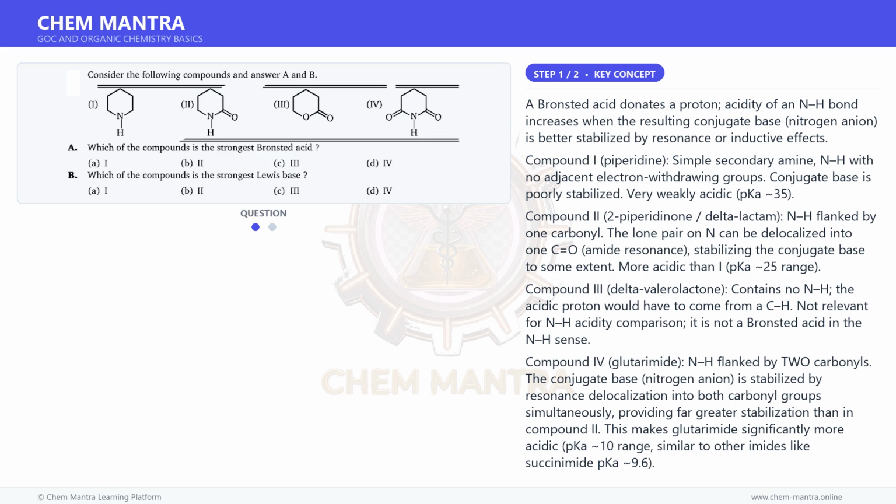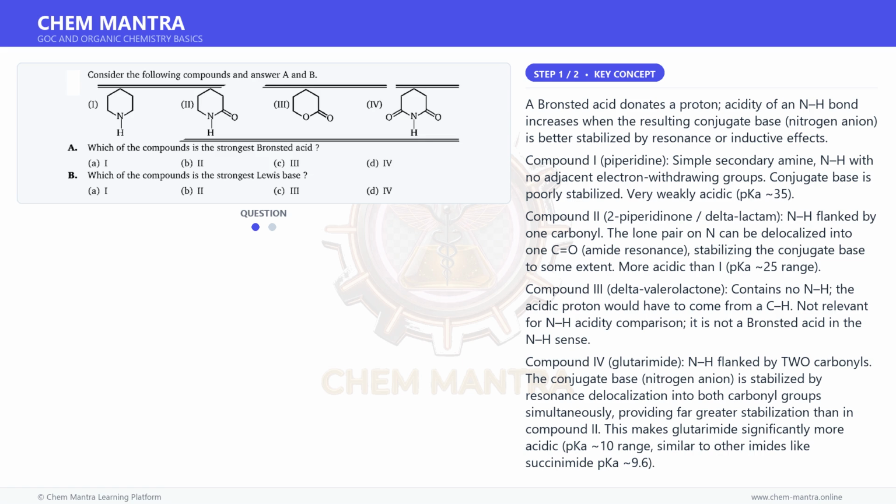This makes glutarimide significantly more acidic, pKa in the 10 range, similar to other imides like succinimide, pKa 9.6. Reasoning: the two flanking carbonyls in 4 provide double resonance stabilization of the N anion, making 4 the strongest Bronsted acid among NH-containing compounds. 3 lacks NH entirely and is not competing here.